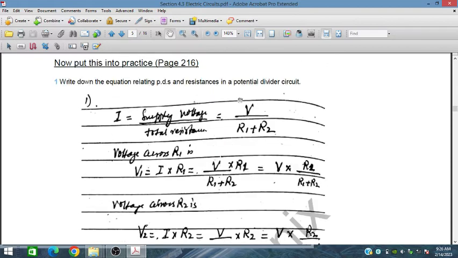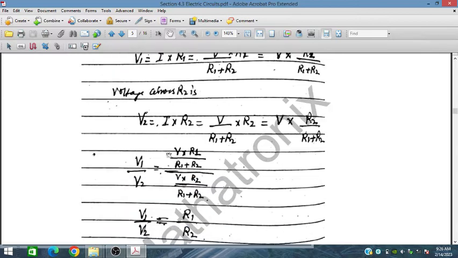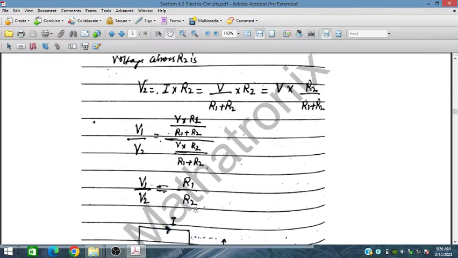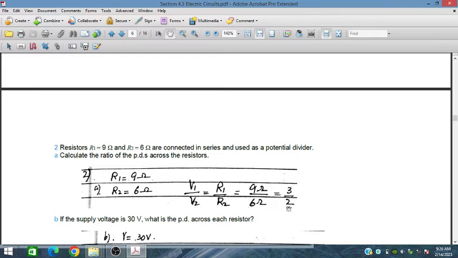R1 is 9 ohms and R2 is 6 ohms, so the ratio of V1 upon V2 is equal to 3 upon 2.